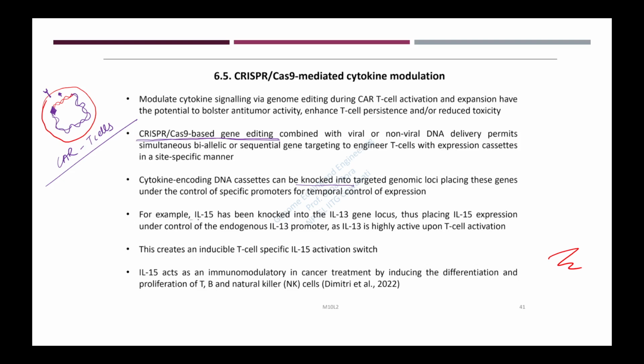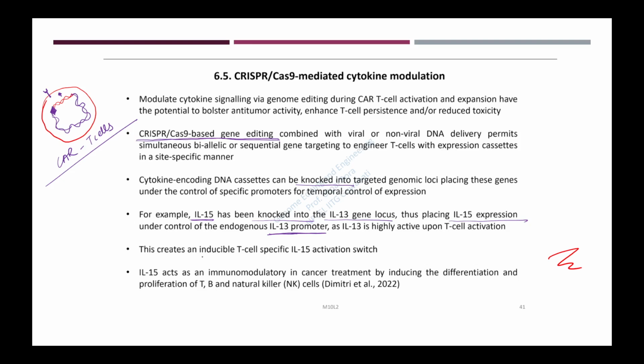So for example, this IL-15 has been knocked into the IL-13 gene locus, placing IL-15 expression under control of the endogenous IL-13 promoter, as IL-13 is highly active upon T cell activation. So in order to avoid the high activity of T cell activation, these genes are placed under a certain promoter to modulate their expression upon T cell activation.